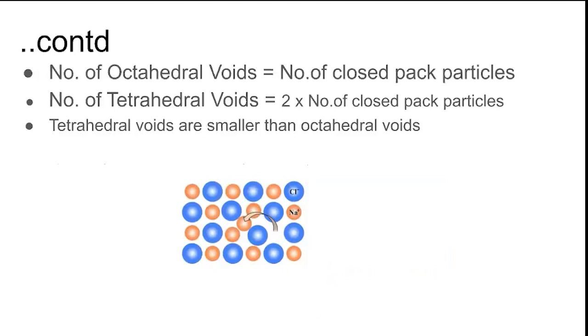Tetrahedral voids are smaller than octahedral voids, naturally, because by the shape you can see that they are smaller, and the cations will occupy those voids.